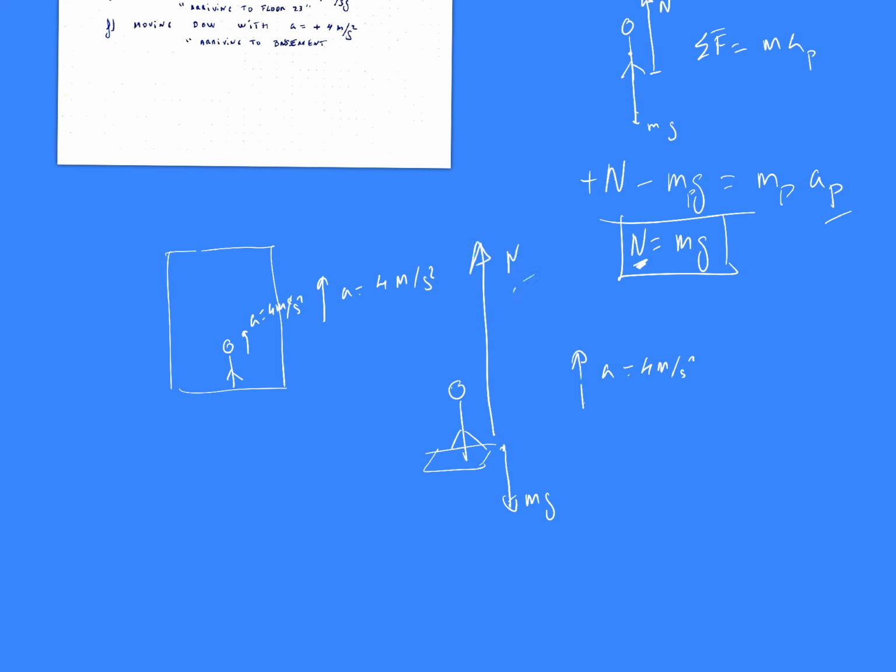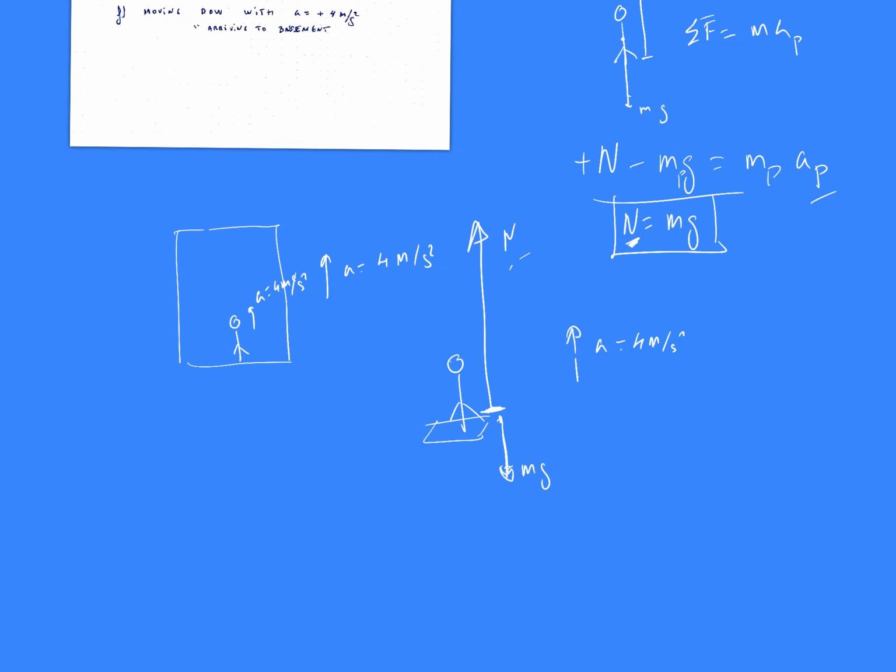That makes the acceleration, and this force has to be bigger than mg, otherwise he will not accelerate upwards. So the total force is the normal force plus the weight mg. The normal force plus the weight is this force, and this force has to go up in the same direction as the acceleration.